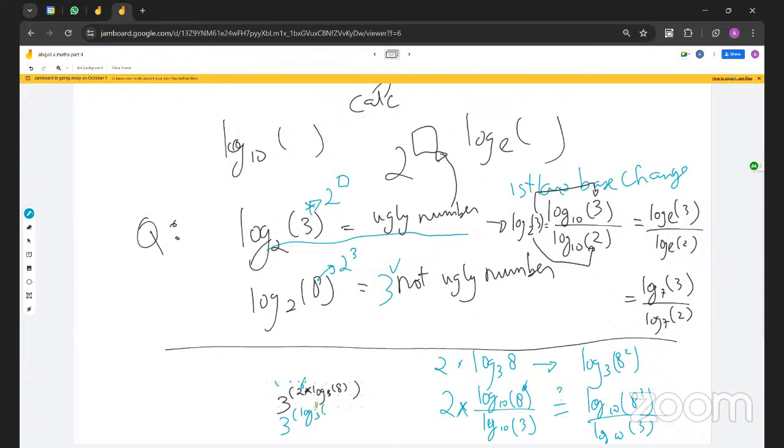Log base 3 of 8 squared, correct? Remember the basic thing about logarithm, they cancel each other. Base 3 and base 3 log cancel each other. You end up with what? 64. Which is 8 squared. Do you understand? Yes. This is another proof that the power law works. And we will be using them daily, in every question in exam.